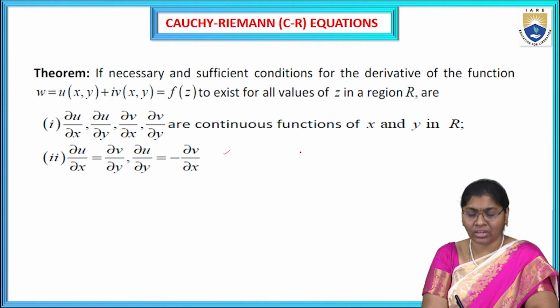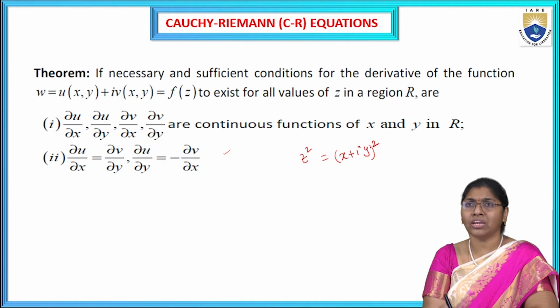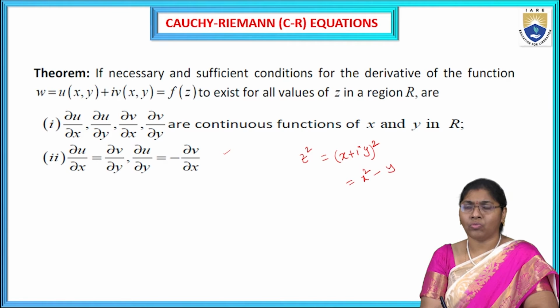For example, consider the function z square. Here z is nothing but x plus iy, so z square is (x plus iy) whole square, which is x square minus y square plus 2ixy. Now the real part is x square minus y square, that is u. Here they always talk about u and v, and v equal to 2xy.